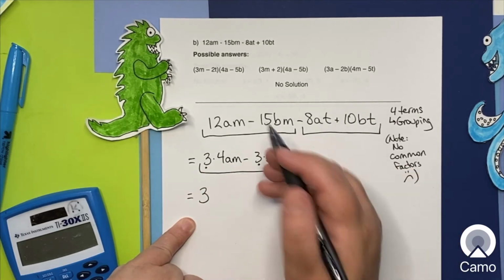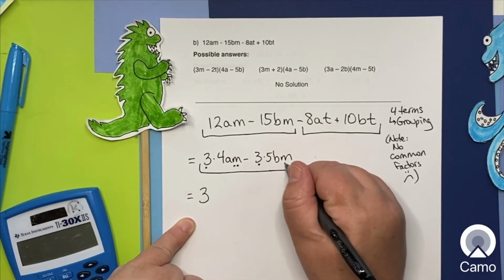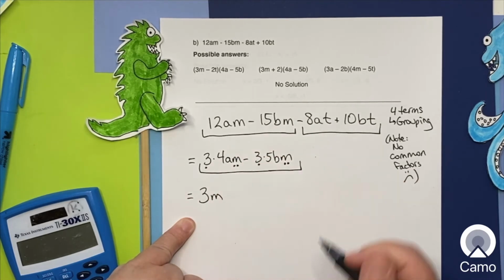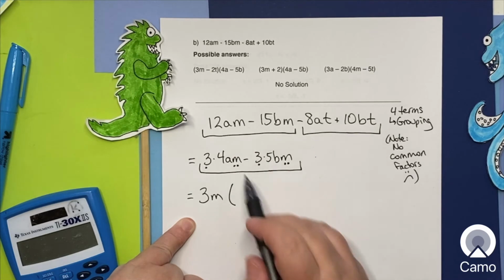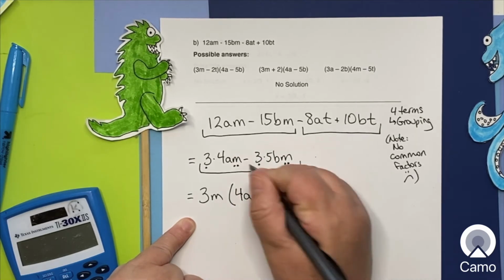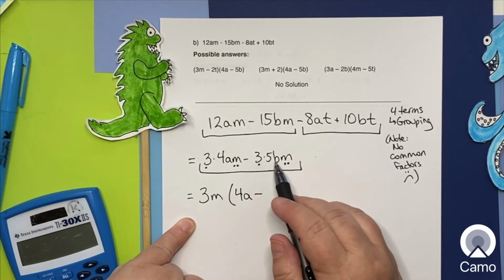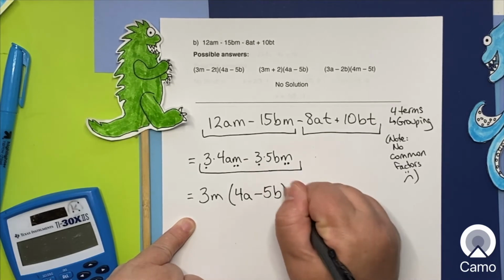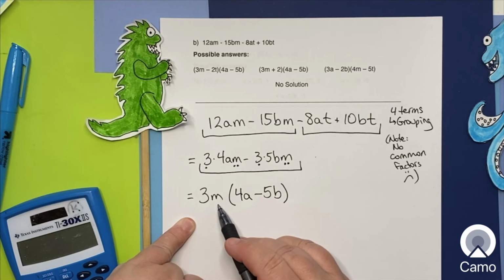And I can also factor out an m. And let's see what's left. In this first one, I've got the 4 and the a. And in the second one, I've got a 5 and a b. When I factor out 3m.